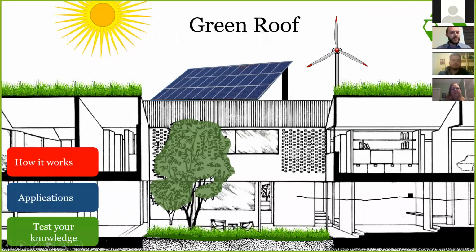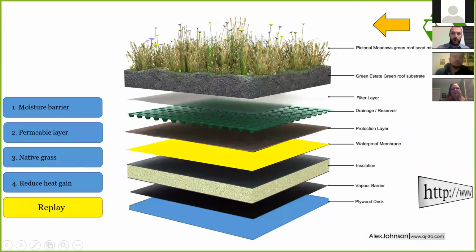I built this into the program, how it works, and it has step-by-steps on the important pieces of a green roof. This allows the students to explore and go with what they're interested in, and they can link things to external resources like articles and different videos.